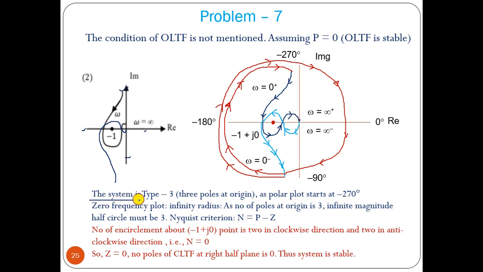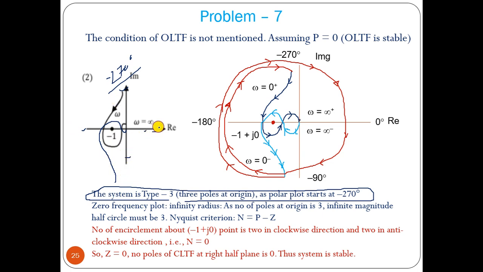This system is type 3, 3 poles at origin, as this polar plot starts from minus 270 degree. If the polar plot starts from the minus 90 degree line from infinity, then it is type 1, type 2, type 3. This is type 0, this is for type 1, type 2, type 3. So this is a type 3 system, so minus 270 degree.